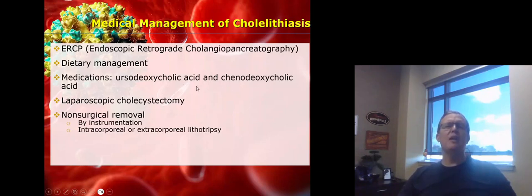There are a couple of medications that you may see administered with cholelithiasis, and that's ursodeoxycholic acid and chenodeoxycholic acid. Those two drugs you may see ordered to help with the management of gallstones. These acidic drugs help minimize the formation of gallstones.